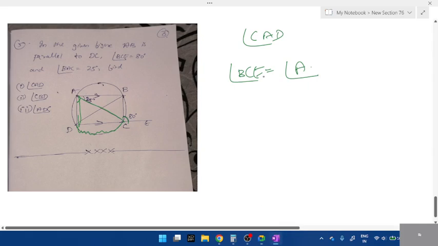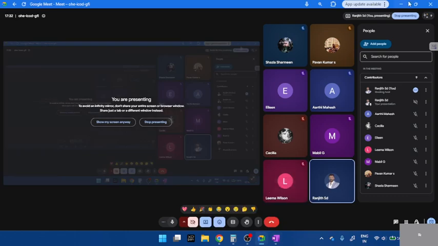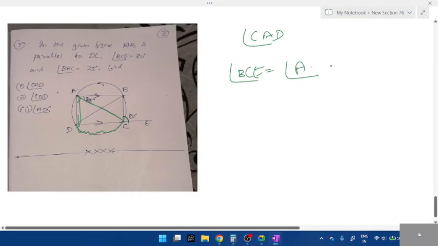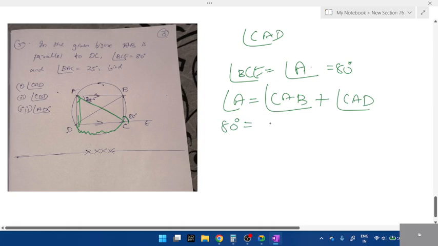Okay, angle BC is equal to which one, students? Can you see the screen? Exterior angle is equal to which one? Interior angle. And angle A is made up of how many parts? Angle A, CAB plus angle CAD. 80 degrees is equal to angle CAD, 25 plus.